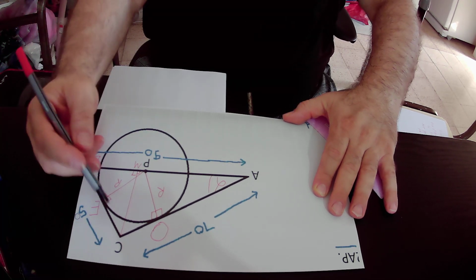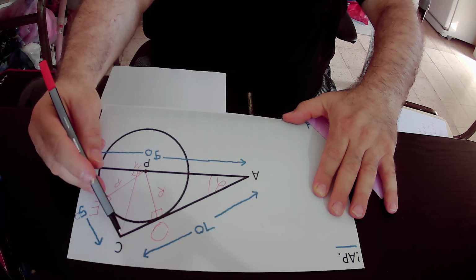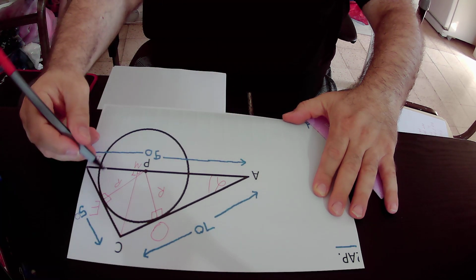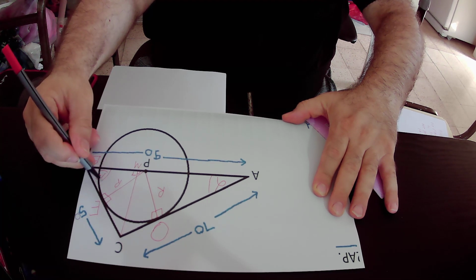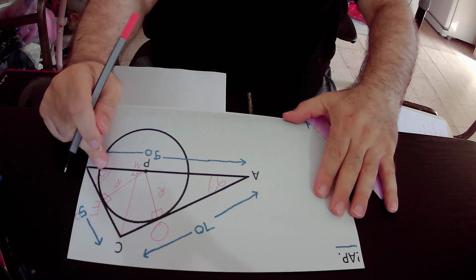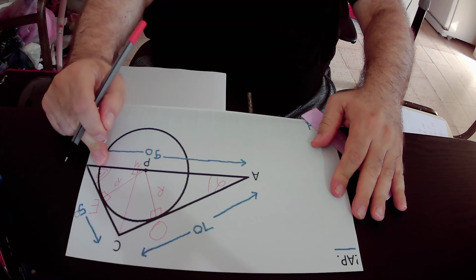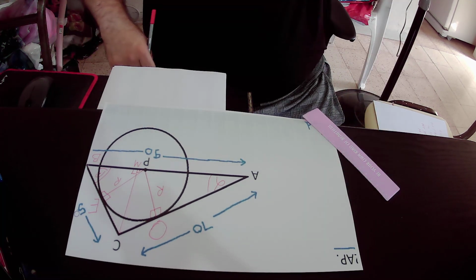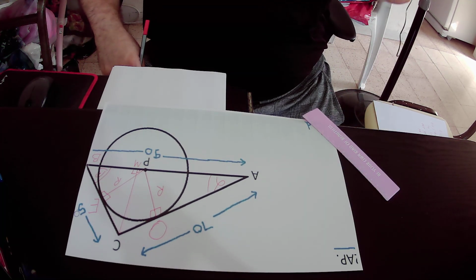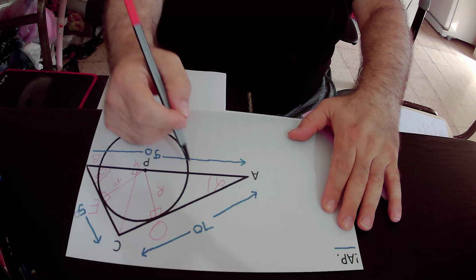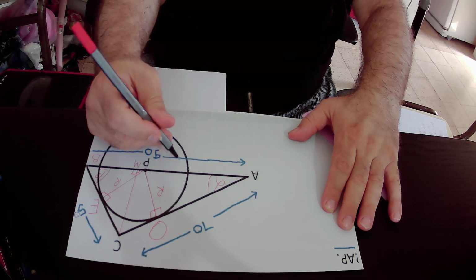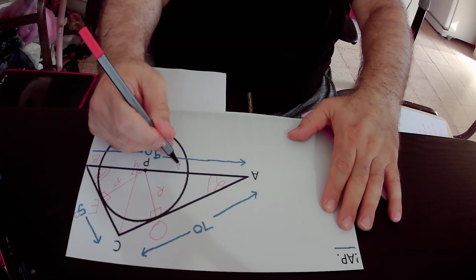And also we will define angle CBA as beta. And we will also define AP as x, or AP equals x.